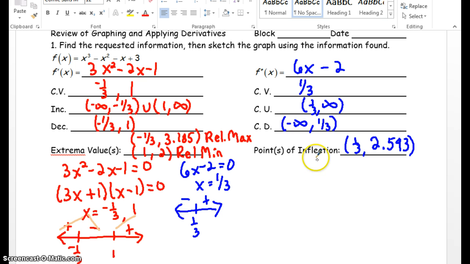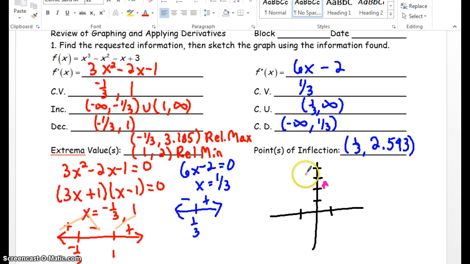So my last step is to actually go through and graph this now. When I do so, I have a relative min here at (1, 2). And I have a max at negative 1/3, 3.18. So we'll plot those. And then we also have this (1/3, 2.59) for our point of inflection. I typically do the points of inflection first, so (1/3, 2.5) is going to put me somewhere in there.